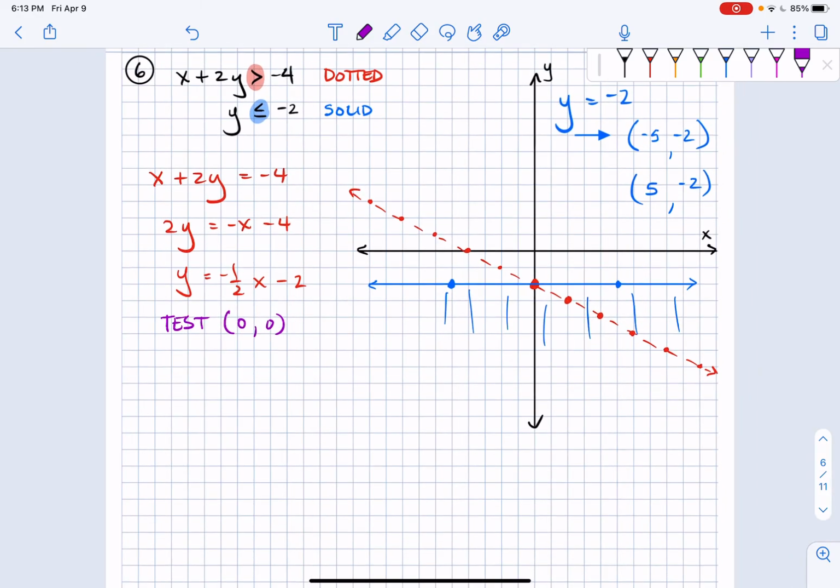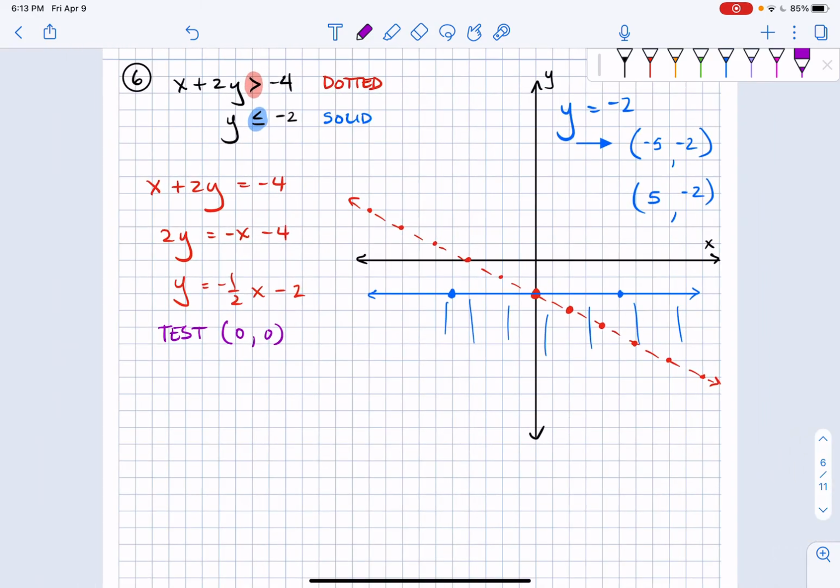If I test 0, 0 in the original equation, that tells me 0 plus 2 times 0, is that greater than negative 4? So is 0 greater than negative 4? And the answer is yes, it is.